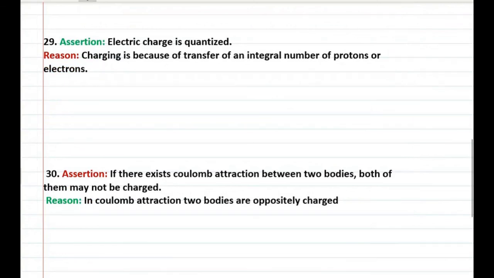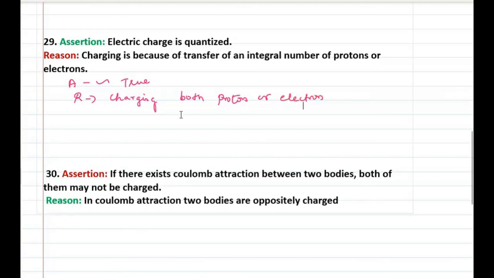Okay. Electric charge is quantized. Yes, correct, the assertion is true. Reason: charging is because of transfer of an integral number of protons or electrons. The reason says charging is done by the transfer of electrons only, but it is given by both protons and electrons, so this is a false statement.